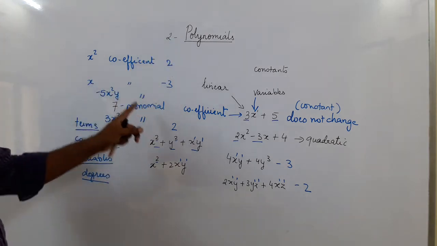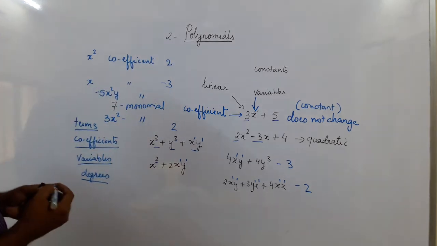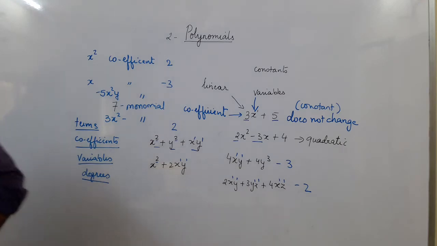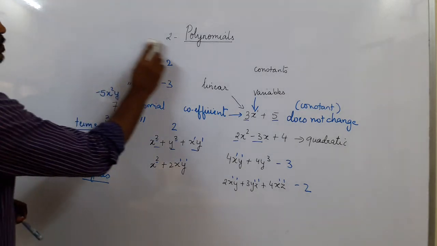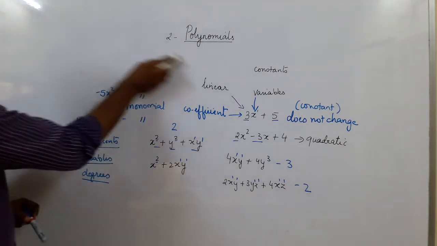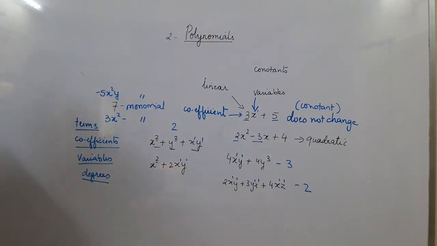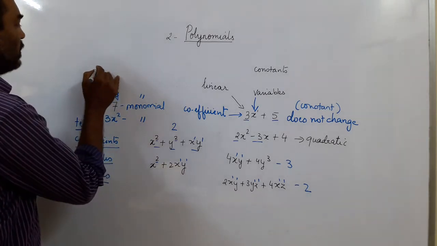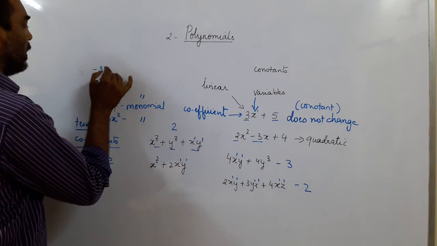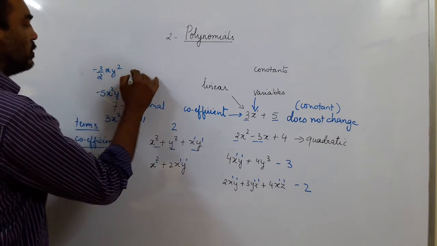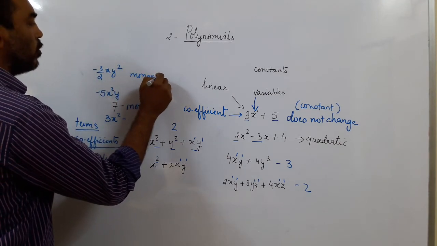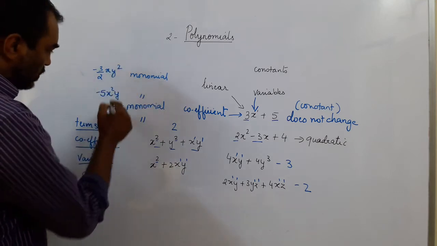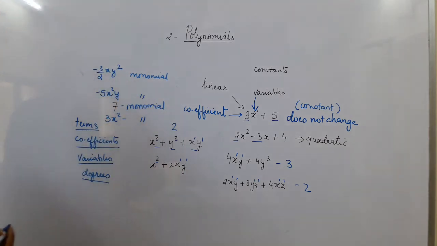Monomial. Polynomial, but it's called a monomial. Only one term. Let us write a few more. Minus 3 by 2 xy square is a monomial. Only one term. So all this with one term is called a monomial.